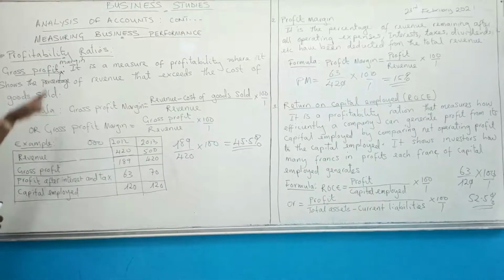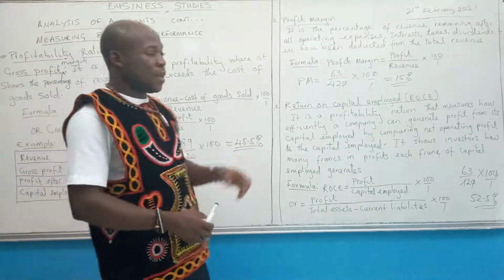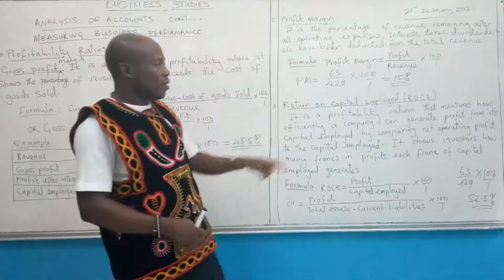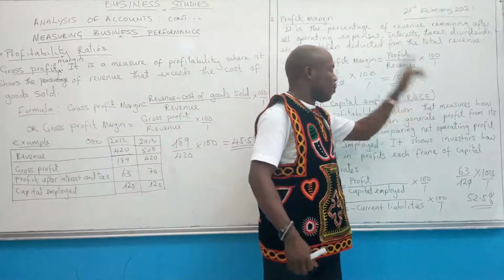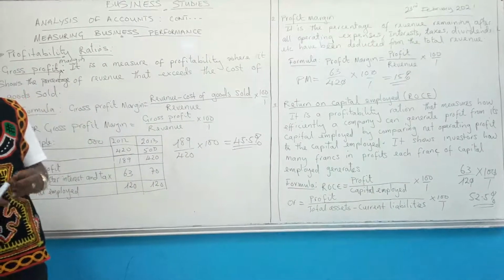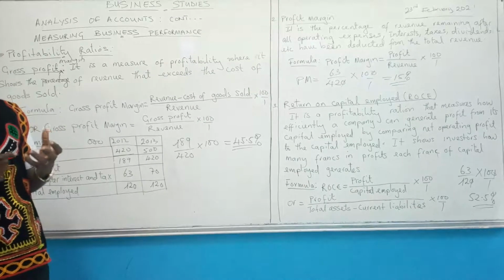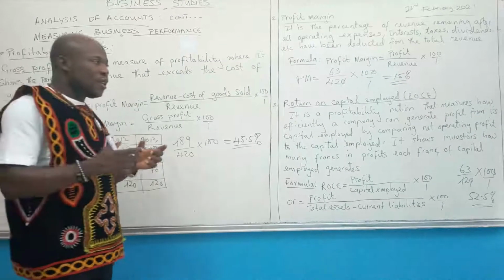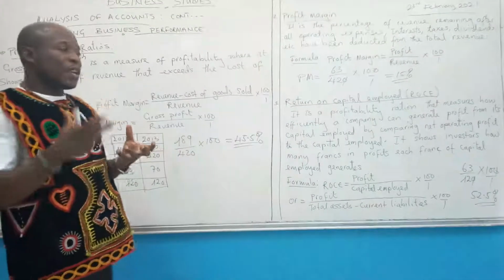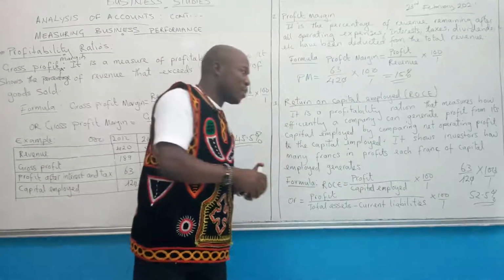Then let's look at the third profitability ratio, which is return on capital employed. In short, ROCE. What does it mean? This is a ratio that measures how efficiently a company can generate profit from the capital they have put in the business, what they have invested in the business.